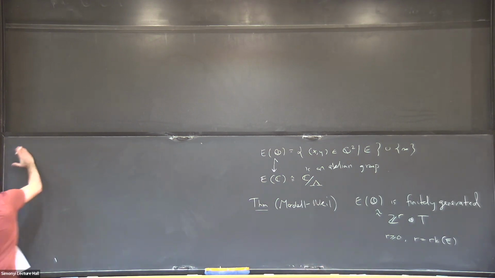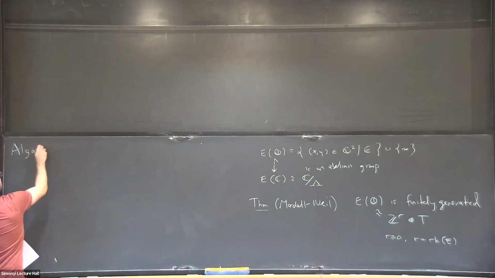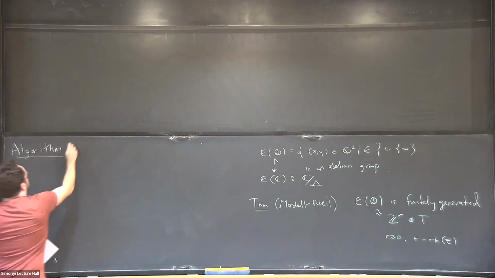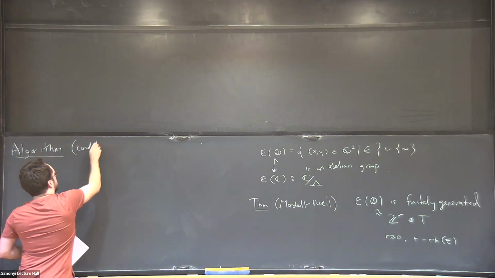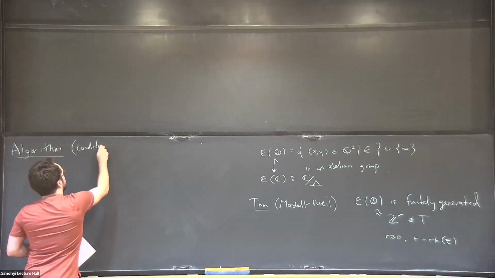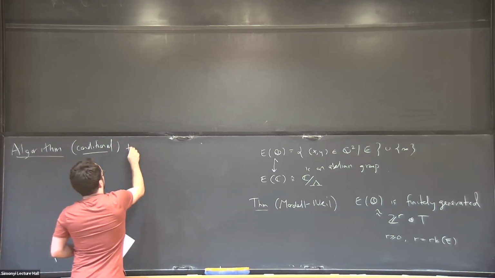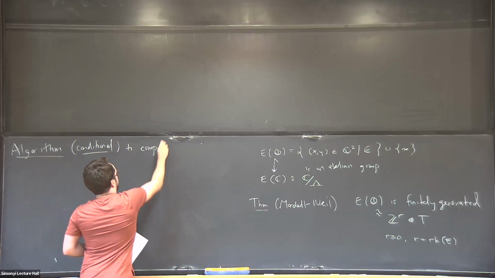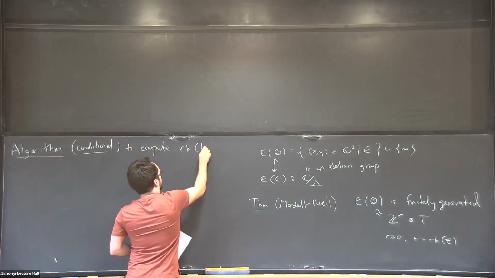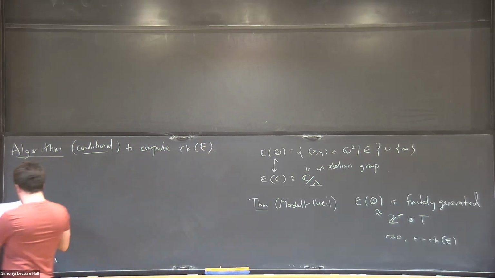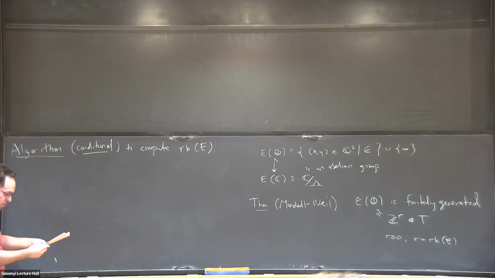This is only a conditional algorithm, as we'll see, to compute the rank of an elliptic curve. It's one of these by day, by night algorithms. You alternate doing two things.